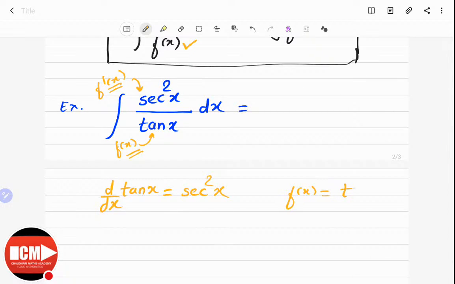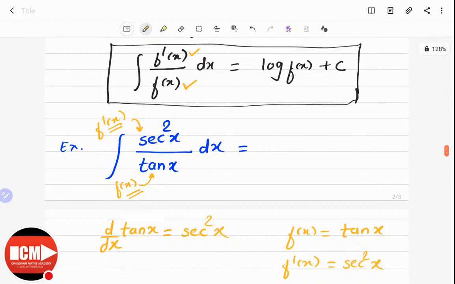Here I am writing in detail for you. The function in this case is tan x, and you know that f dash of x, or the derivative of tan x, is sec square x, which is present in the numerator. If this is the case of the integration, then don't waste your time in solving this kind of problem. Directly write down the final answer as log of f of x.